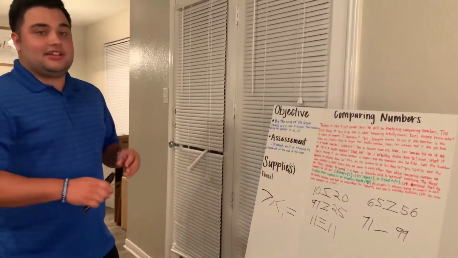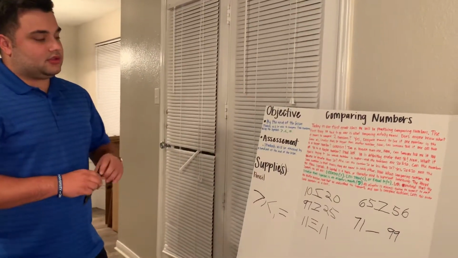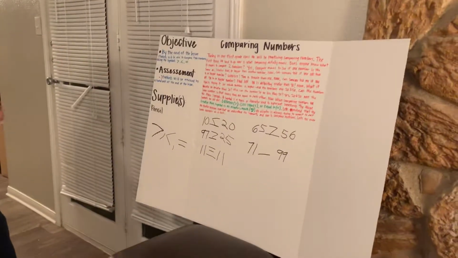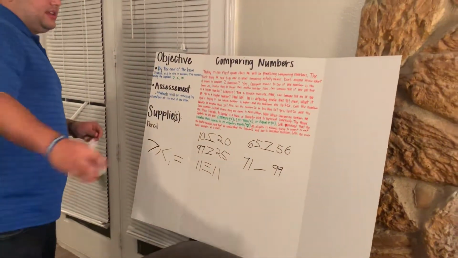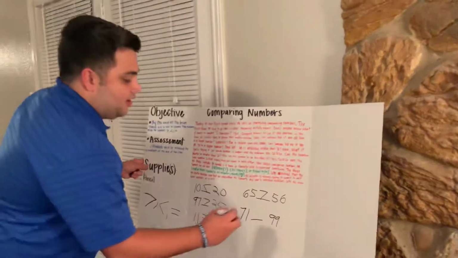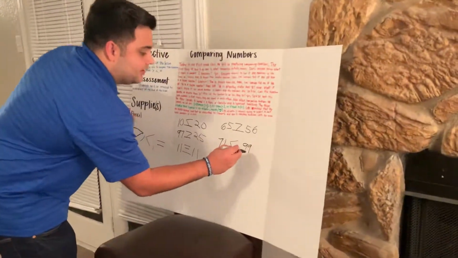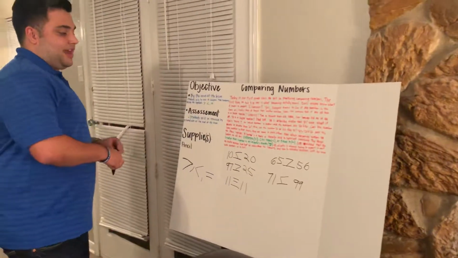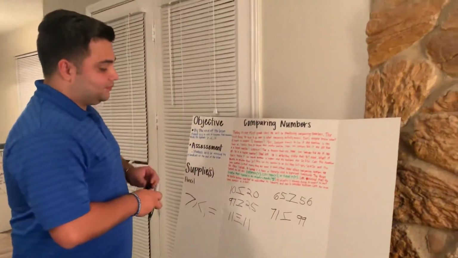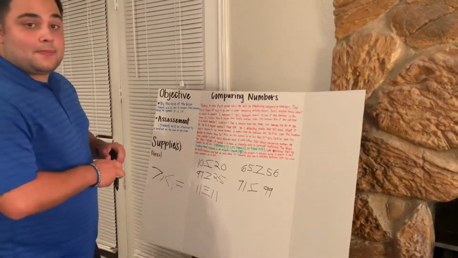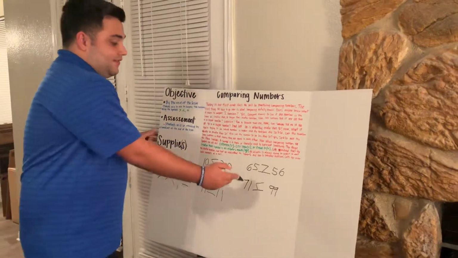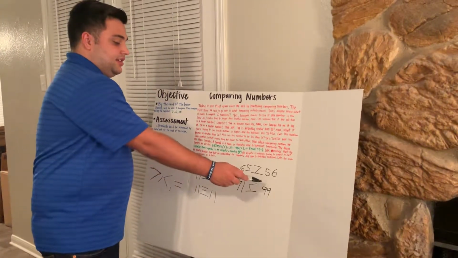Which number would the alligator want to eat? Okay, yes, since 99 is greater than 71, the alligator's mouth would go toward the 99. So how would we read this? That is correct. 71 is less than 99.